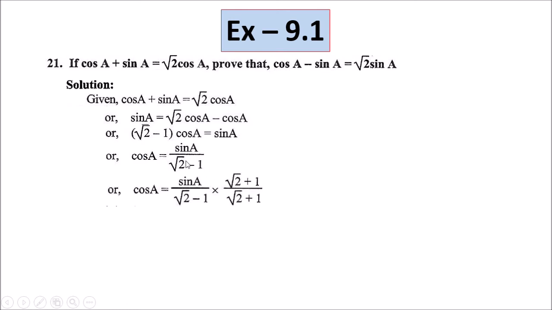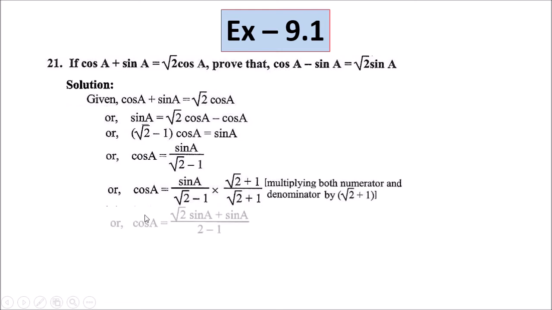Now I am multiplying with the conjugate number, with numerator and denominator. So multiplying both numerator and denominator by root 2 plus 1. The denominator is root 2 minus 1, its conjugate is root 2 plus 1. So if I multiply with sin a, then root 2 sin a plus sin a, and here root 2 minus 1 and root 2 plus 1, a square minus b square.